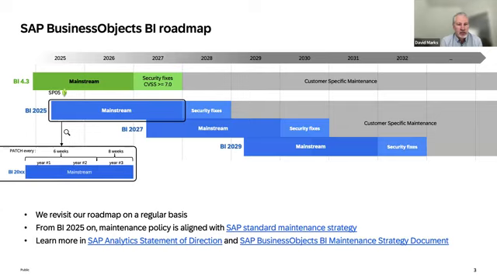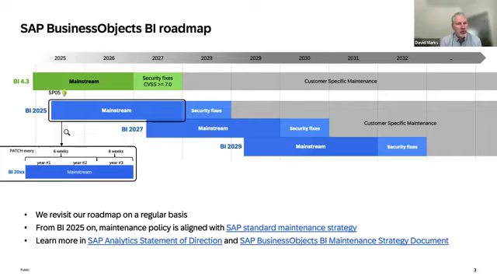The product has been out there for almost a year already. There's really no reason to wait at this point. After year three, it'll go into every 8 weeks. And then at the end of 2027, it'll go into just security fixes and so on. And then we'll have BI 2027.